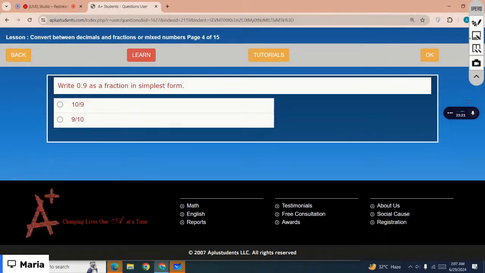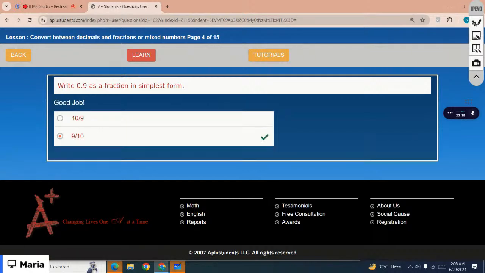Okay, the next one is write 0.9 as a fraction in simplest form. So which is the correct option? That is 9 over 10. Option number 2 is the correct option.